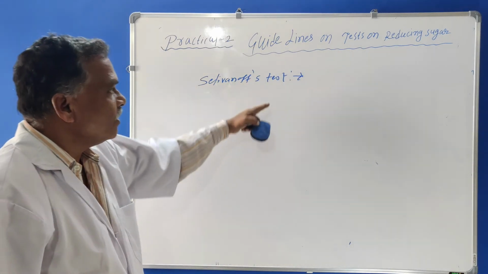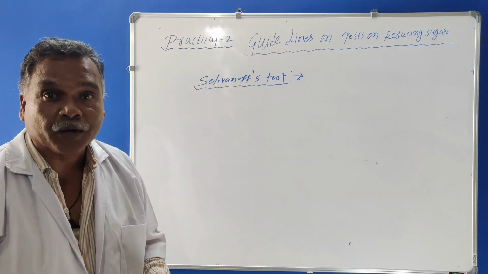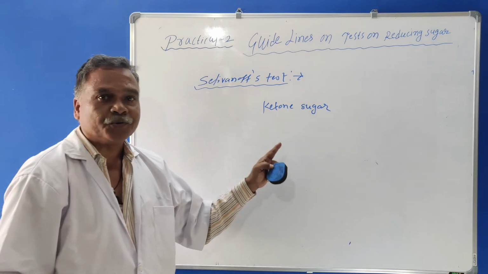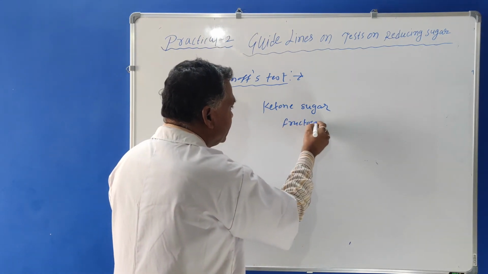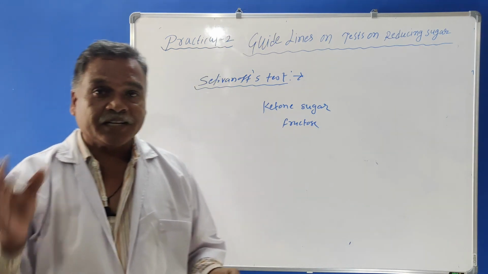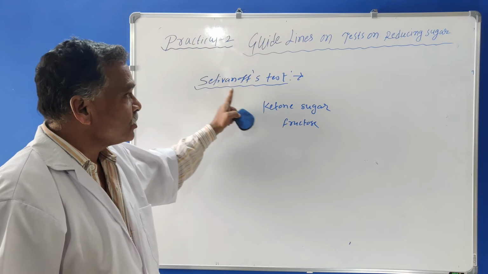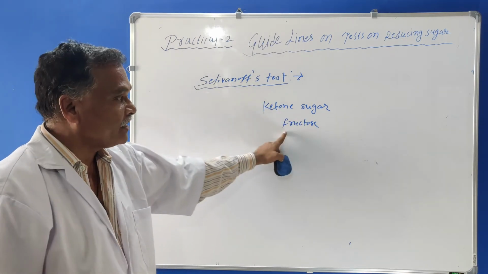Selivanov's test is specially meant for the ketone sugar. What is an example of ketone sugar? Fructose. In the classification we have seen what is aldose and what is ketose during the theory. So this test is meant only for ketone sugar, that is fructose.